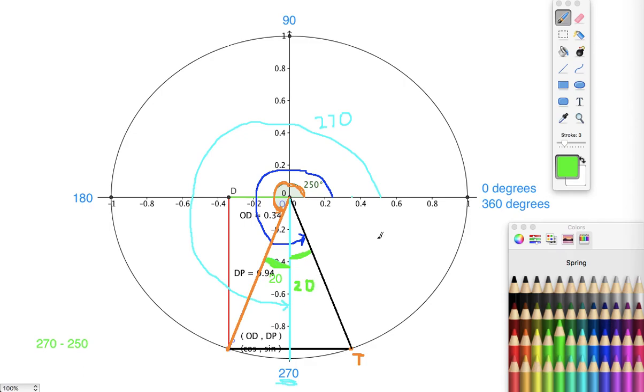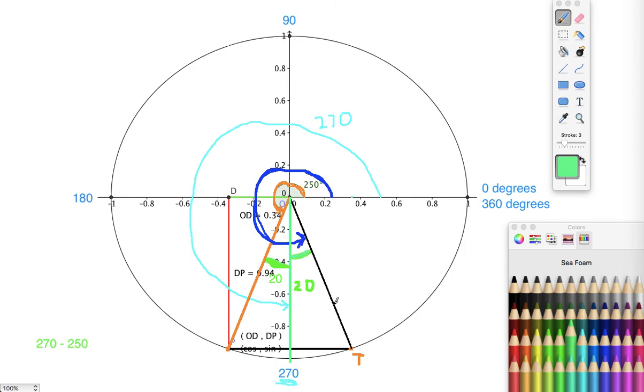All right, so let's do the degree for T. Remember, the degree for T starts here and goes all the way over to the line that connects T. We know once again that this vertical blue line is 270. We know that this green distance is 20.